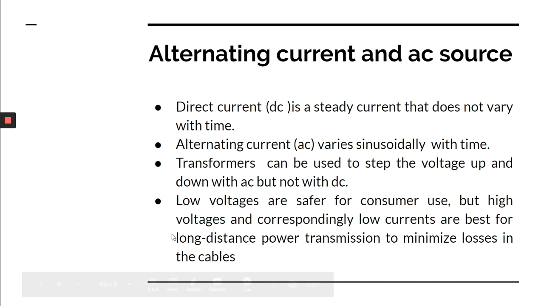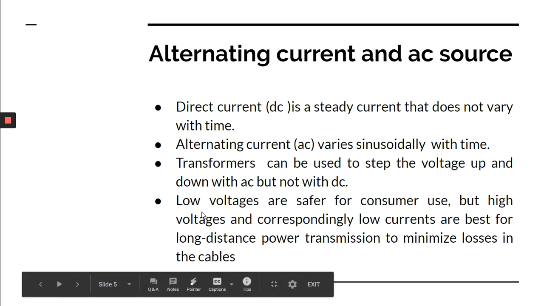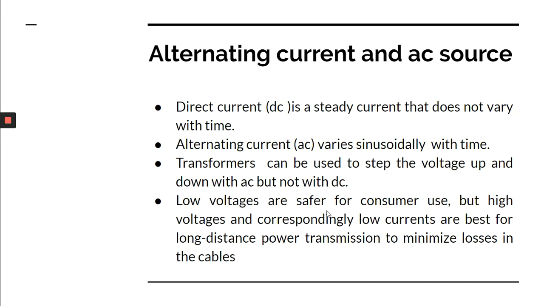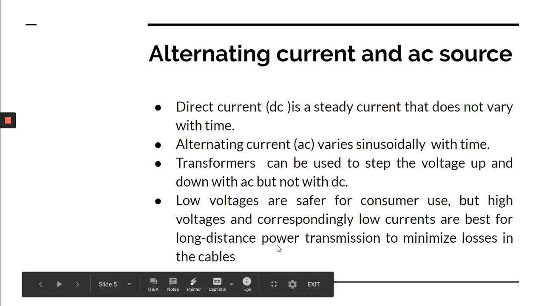So, though we know that low voltages are safer for consumer use, for long distance power transmission we need high voltage, because the loss is I squared R. If I is less, then the loss will be less.